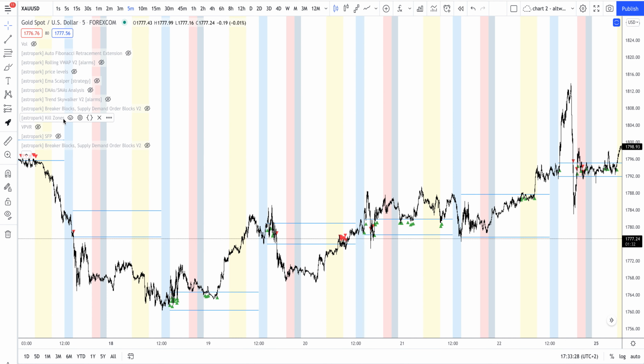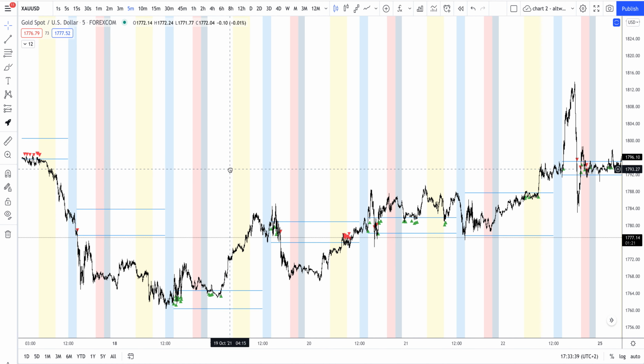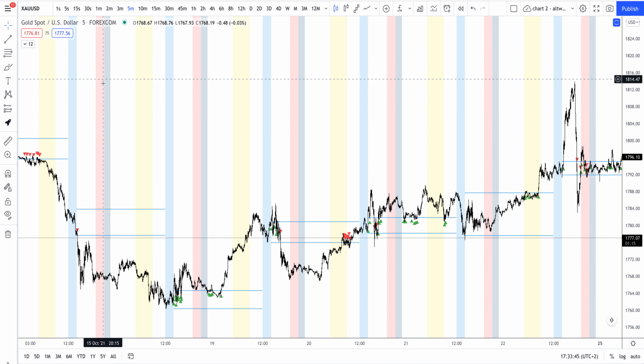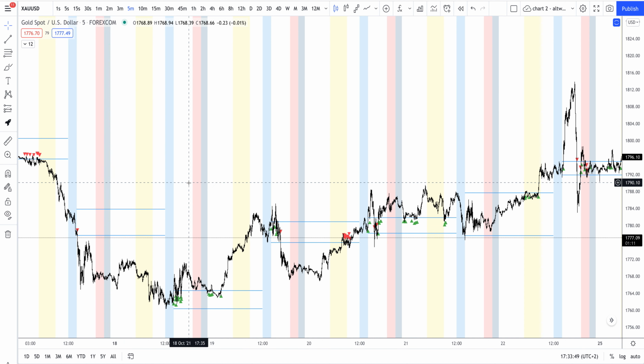For example, I have this kill zone indicator that shows you what the money makers, whales, banks, and institutions are going to do, because it highlights the most important hours of each day where institutions are up and running.